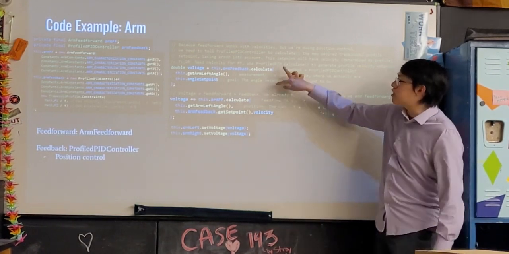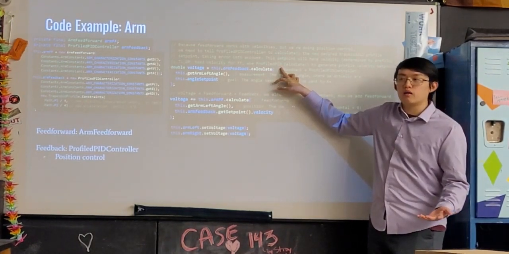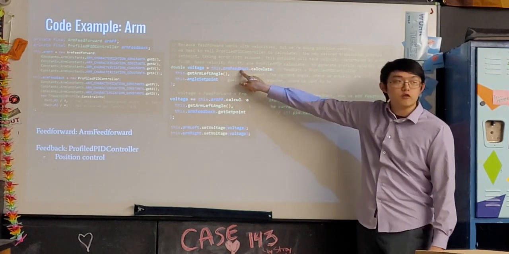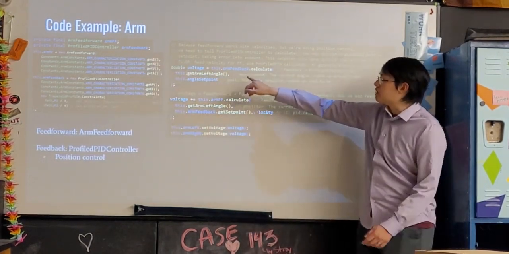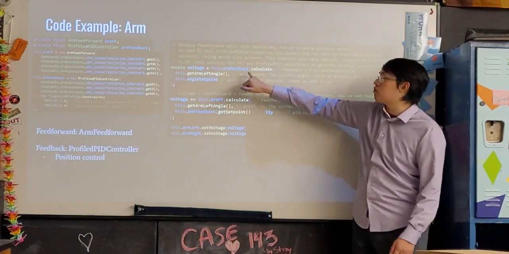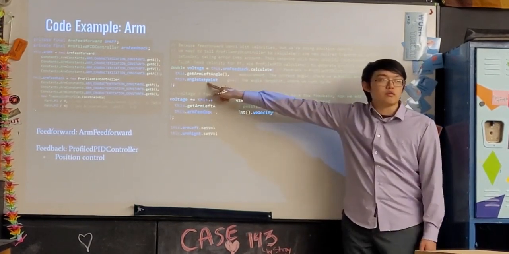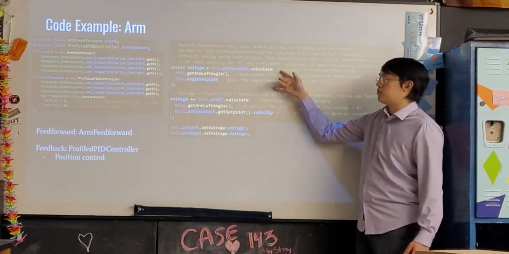So first, we update the motion profile based on where we are now. We call feedback first, feedback being the profiled PID controller. We give it the measurement and the goal, where we are right now, the angle, and the setpoint of your angle, in radians or something, and it will output a voltage.